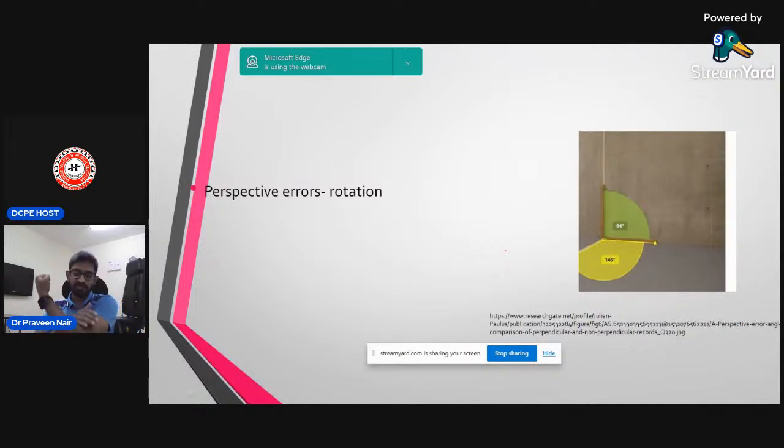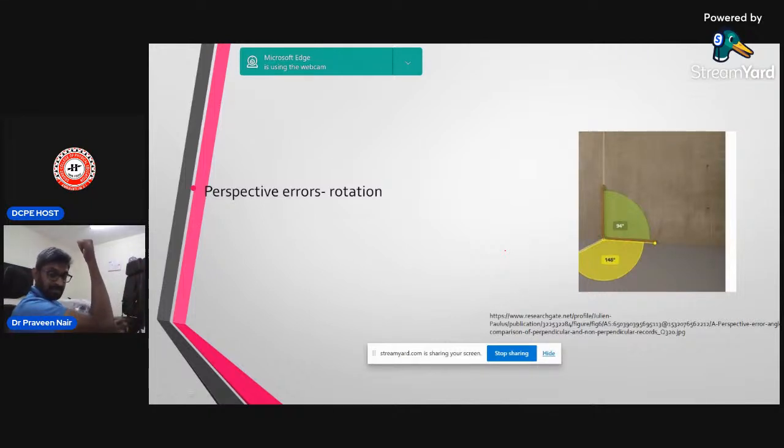Suppose I have fixed my elbow at 90 degrees like this. From this position, you might say okay, this is 90 degrees. Now this is parallel to the plane. If I'm doing elbow flexion, it is parallel to the plane, and the plane is perpendicular to the camera, so I will be able to accurately quantify that it is 90 degrees.